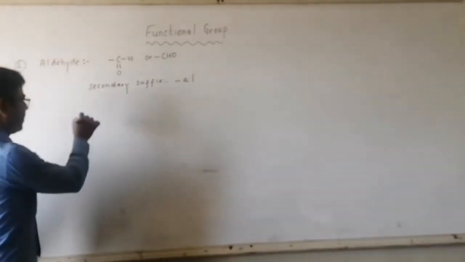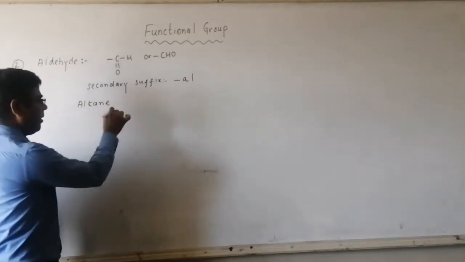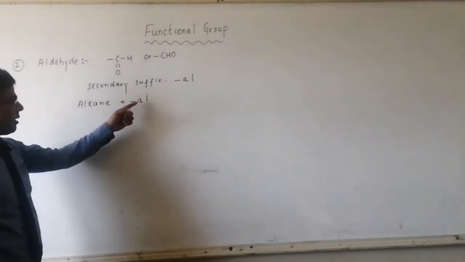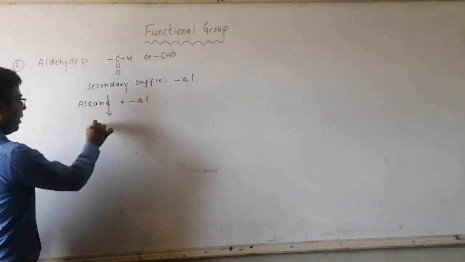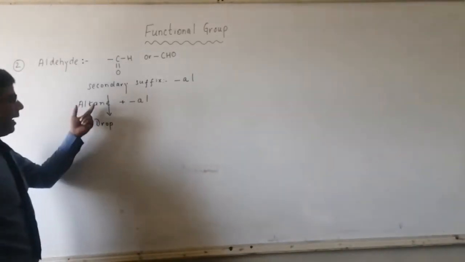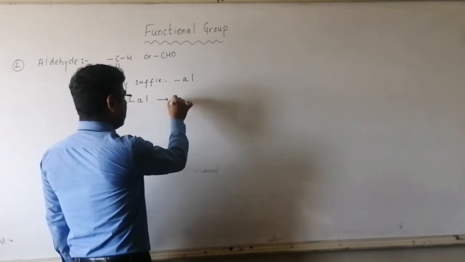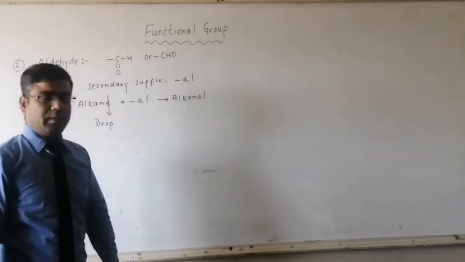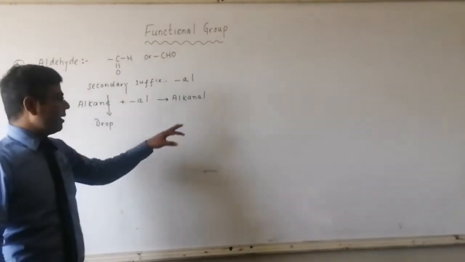Now when this secondary suffix is added to alkane, again the rule applies: the first letter is a vowel, so we have to drop the E from alkane and add the remaining part to the secondary suffix -al, as a result of which we obtain alkanal. It means all aldehydes can be named as alkanal.